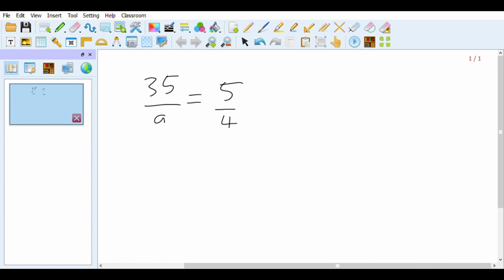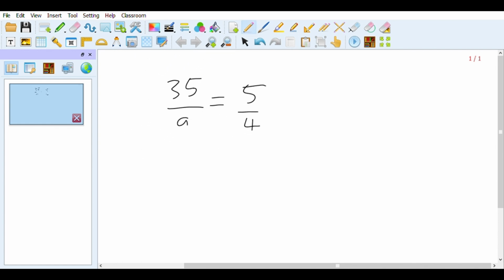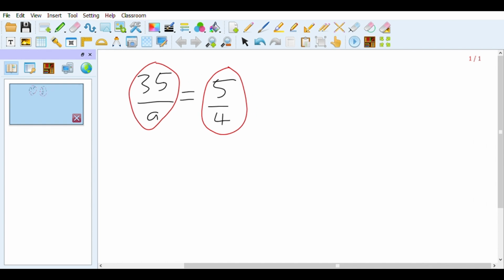I know everybody will say cross multiply, yes, but take note of this. For you to do cross multiply, you have to have only one term on the left hand side, and only one term on the right hand side. That's when cross multiply will work.